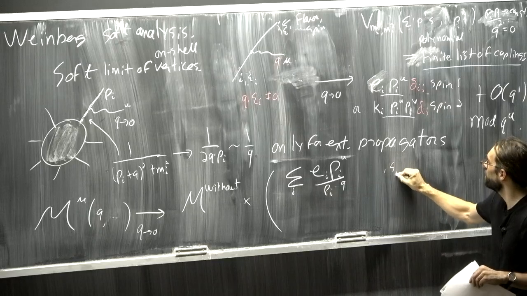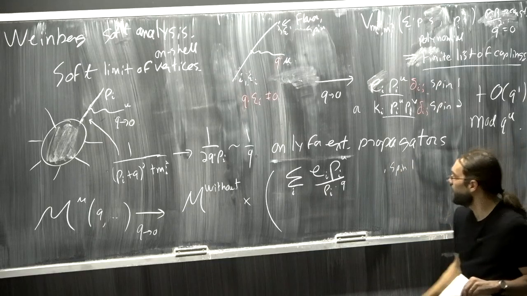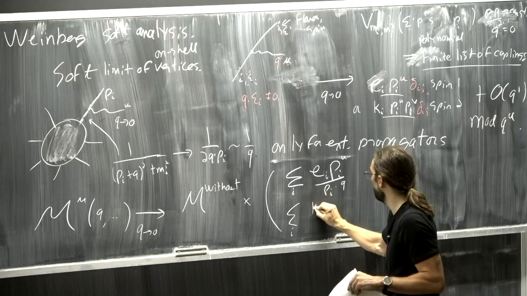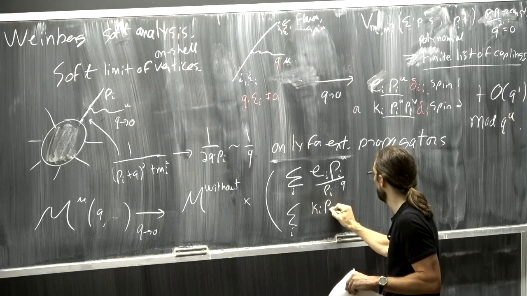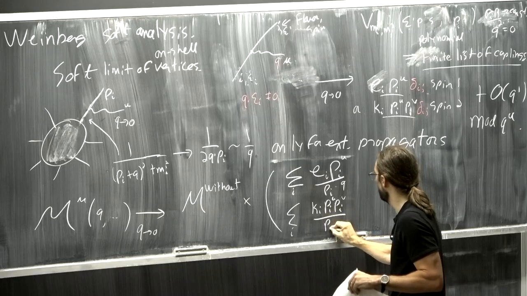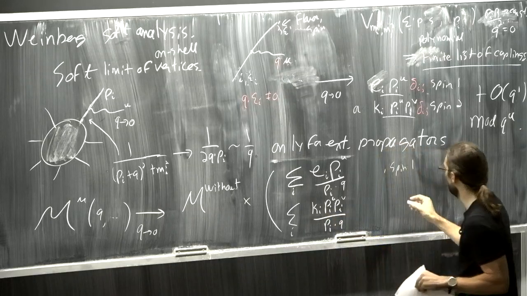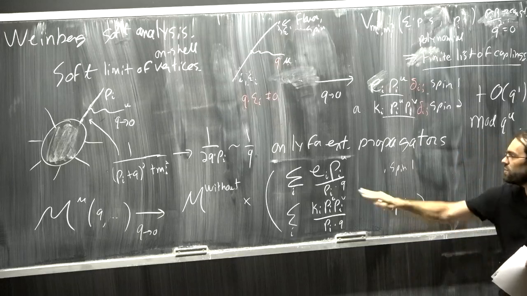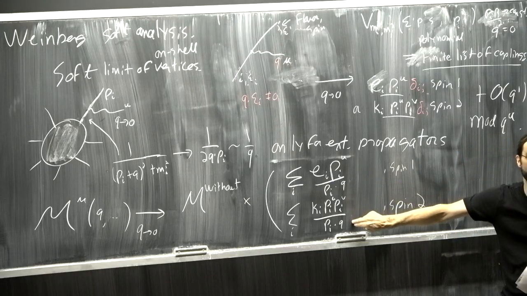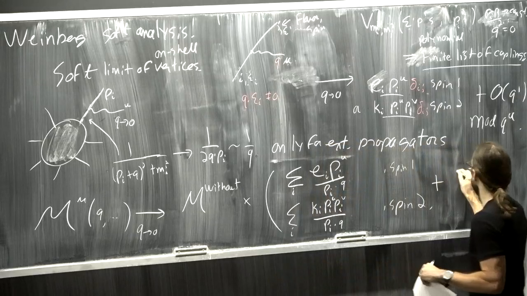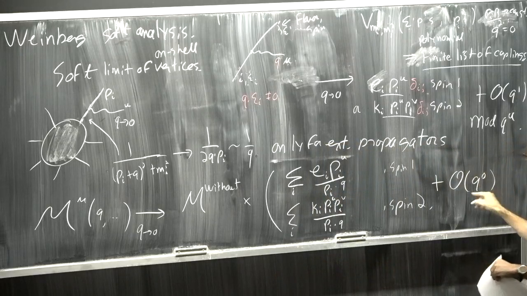This is for spin 1. And for spin 2, you get a similar thing, but now you get kappa_i p_i^mu p_i^nu over p_i dot q. This is for spin 2. So this is the famous Weinberg soft factor, and the same thing for gravity. Both of these are valid up to order q^0 terms.